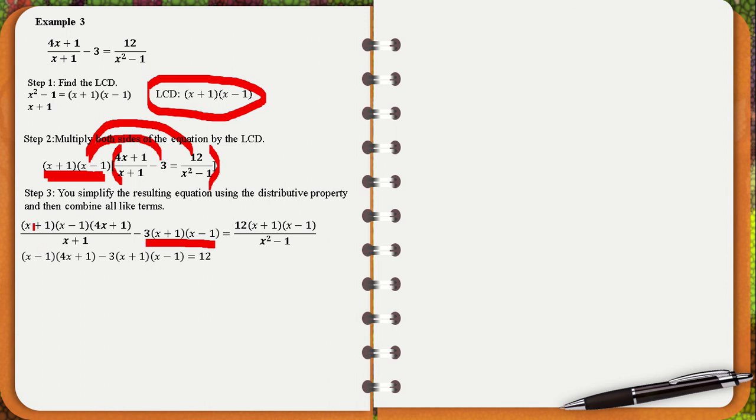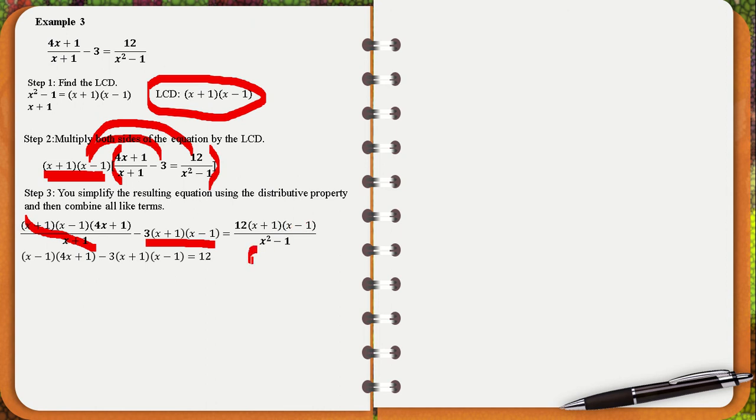Okay, since meron tayong x plus 1 na nasa numerator, at yung denominator natin ay x plus 1, kakancel po natin yan. Minus, copyin lang to, 3 times quantity x plus 1, x minus 1 is equal to 12. Bakit 12 na lang yung natira? Kasi x plus 1 yan at x minus 1 yan.